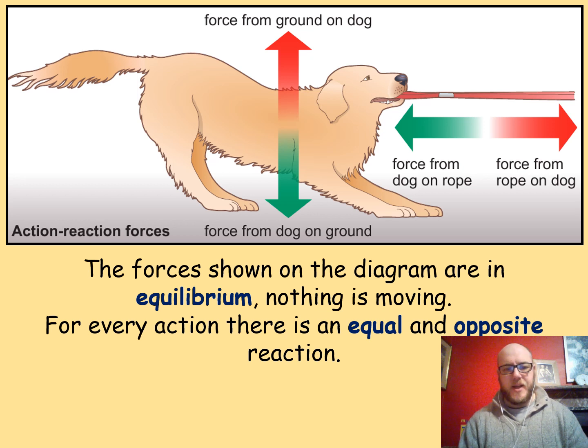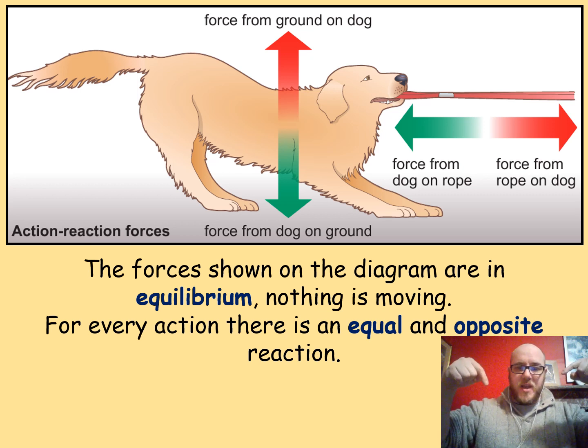Okay, let's look at an example. Here we have a dog. The dog is pulling on a rope, some sort of pulley toy thing, and these are the forces on the dog. So remember that these action-reaction pairs of forces act on two different objects. So we have two different situations here. This dog is standing on the ground. So the weight of the dog is pushing on the ground.